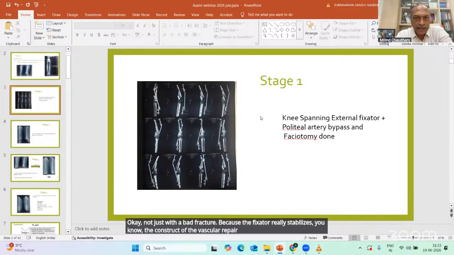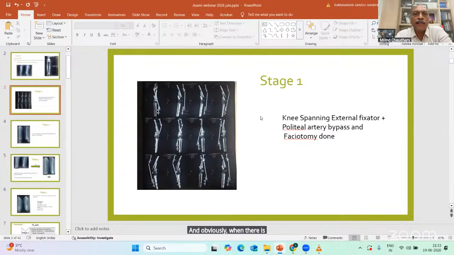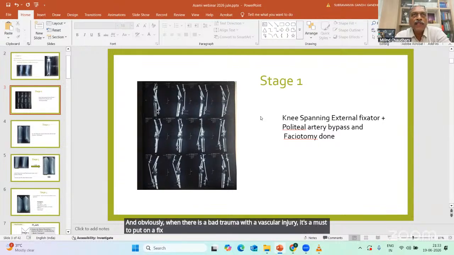When there is a bad trauma with a vascular injury, it's a must to put on a fixator, and spread it in your local meetings, and don't let your colleagues get tempted to do internal fixation.